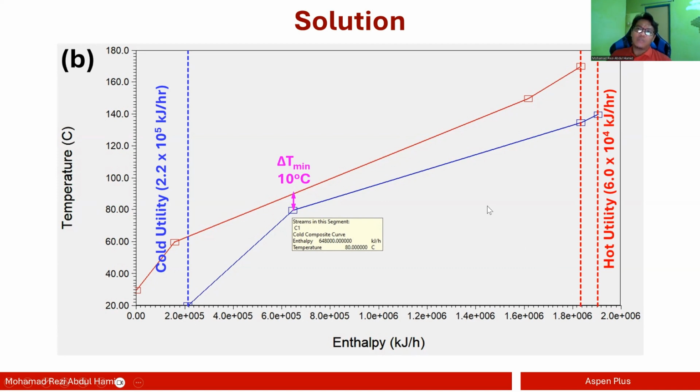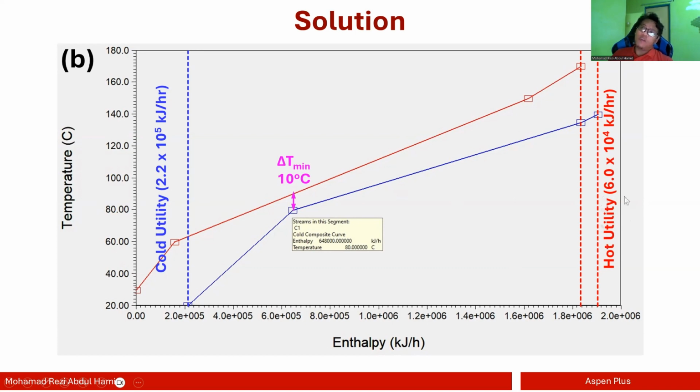So what's the conclusion from this? The first thing I would like to point out is that if you set a really small minimum temperature approach, you can recover a lot. The recoverable energy is big, and your cold utility becomes small, as well as the hot utility.